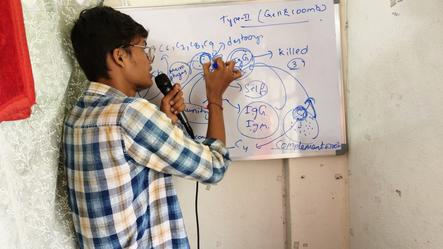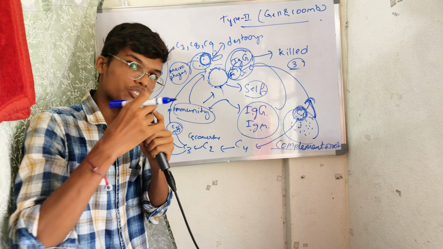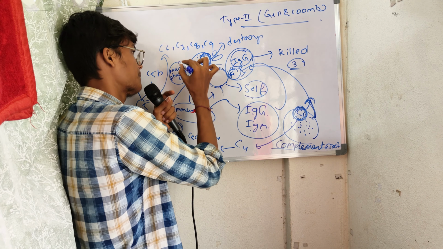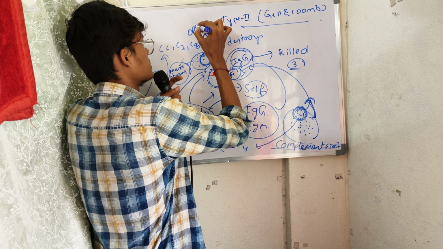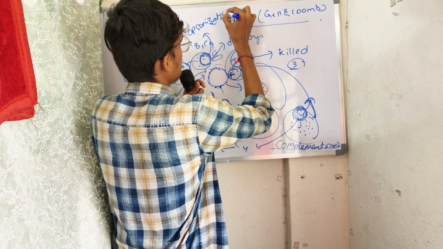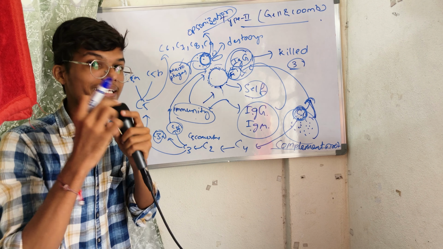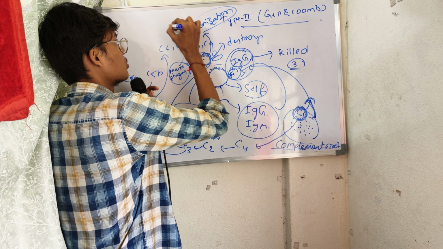The process of coating a foreign particle so that it gets engulfed and destroyed by the macrophage or the immunity is called opsonization. And the particle which helps in opsonization is known as opsonin.